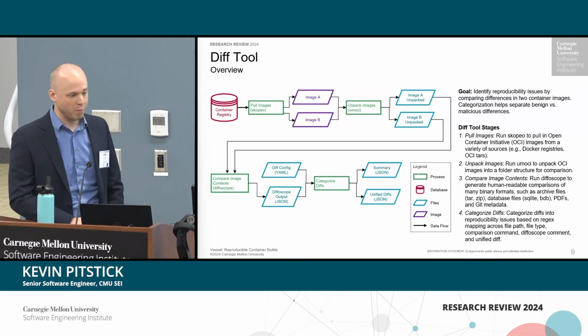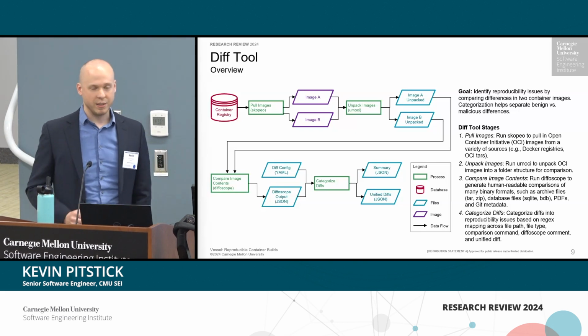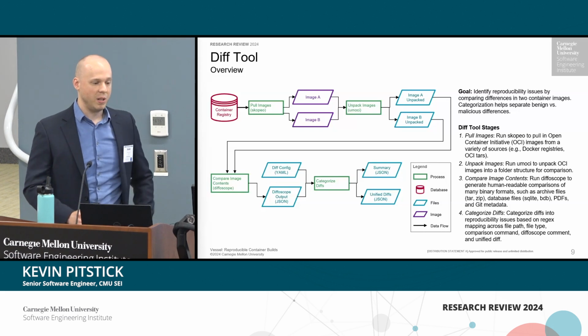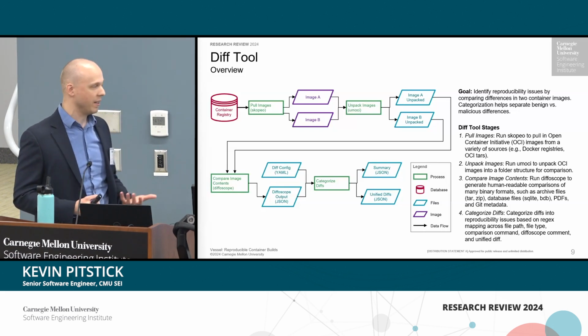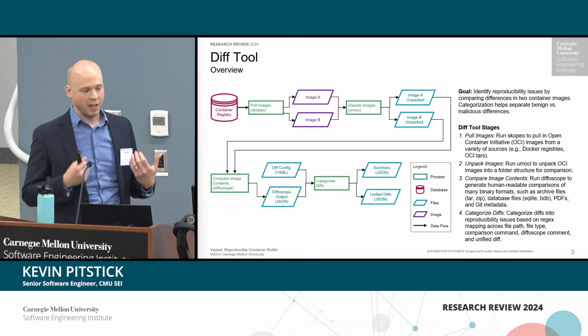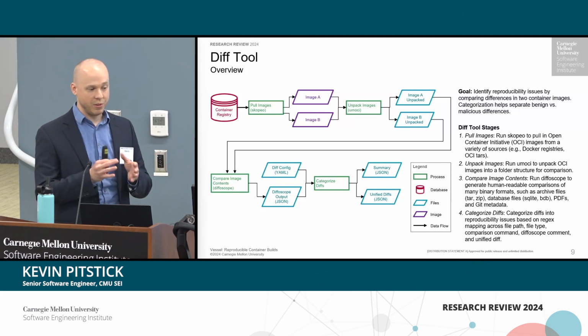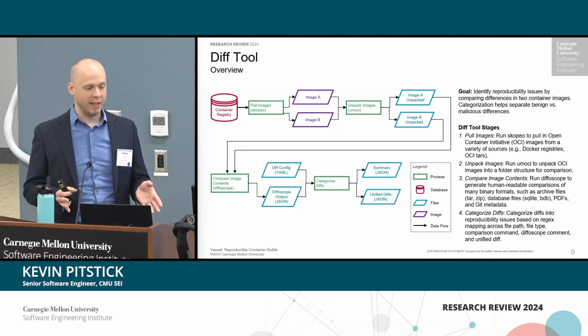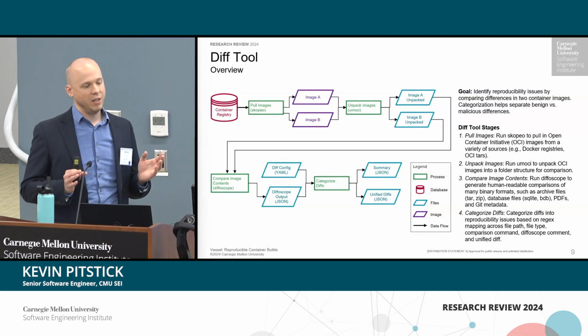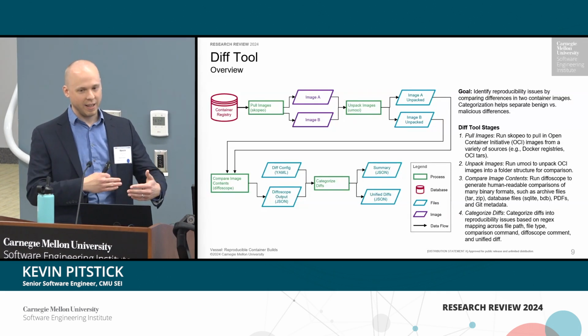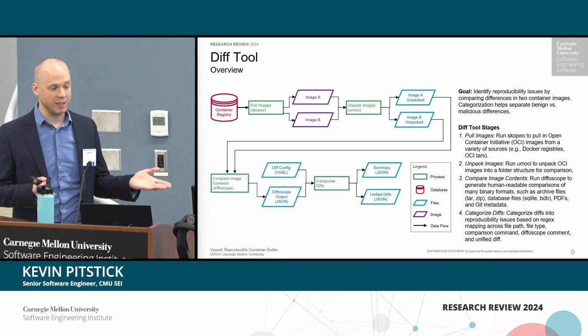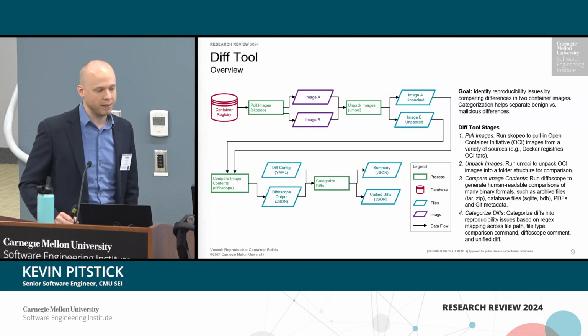Diffoscope comes from the Reproducible Builds community. The great thing about this tool is that it has human-readable comparisons of many binary formats. So a lot of times you may have 2 zip files and 2 different images. If you look at the binary diff, they're very different. But if you actually analyze it and see what the difference is, you see, oh, it's just a timestamp. And so then there's nothing to worry about.